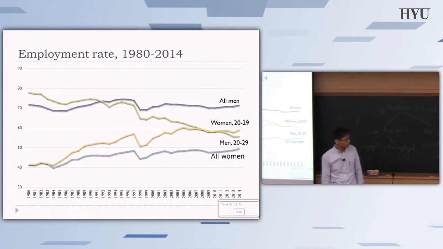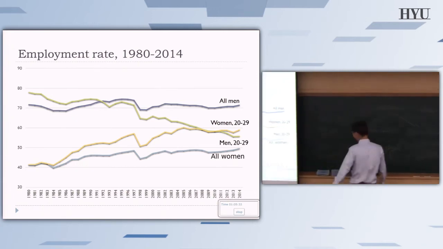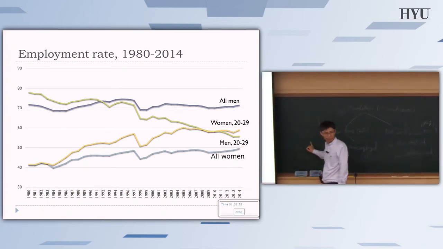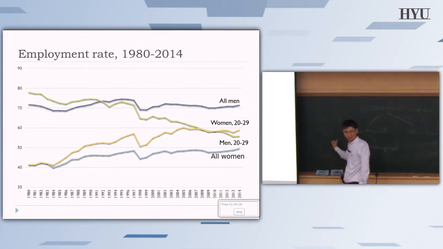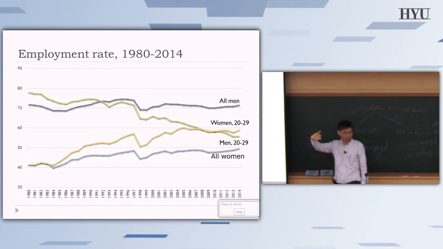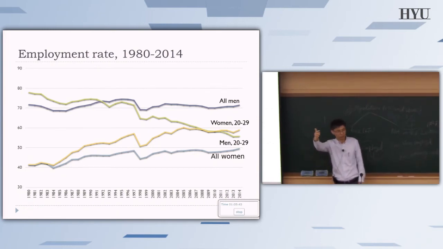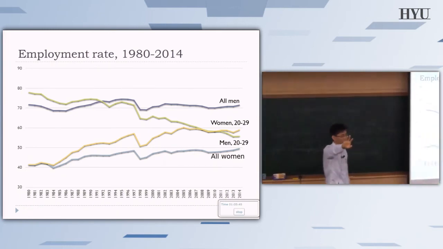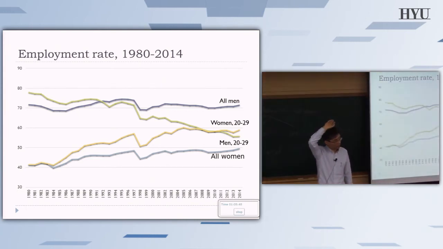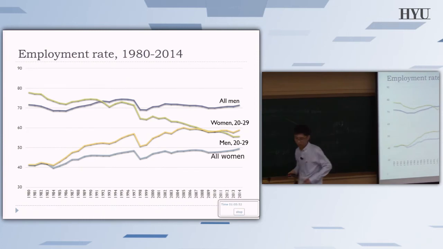Okay. But another reason, as I said, is that this NEET group has been increasing. So this part is not that good. So going to school, probably it's okay in the long run. But the NEET is increasing as well. So that is another issue that we have to think about.